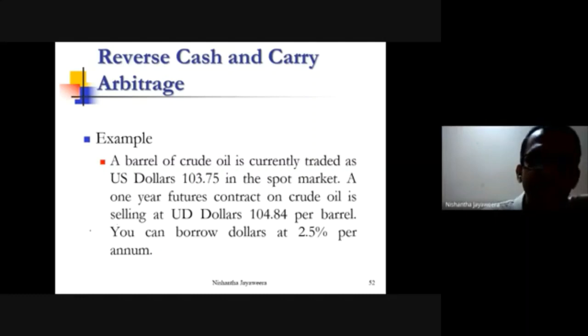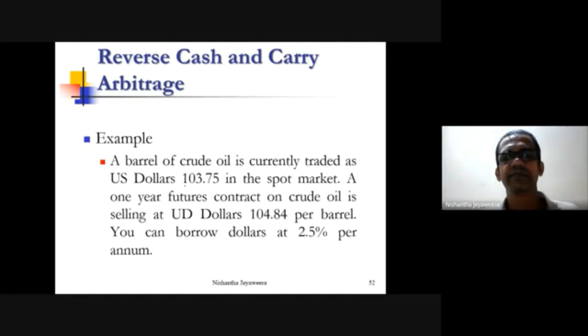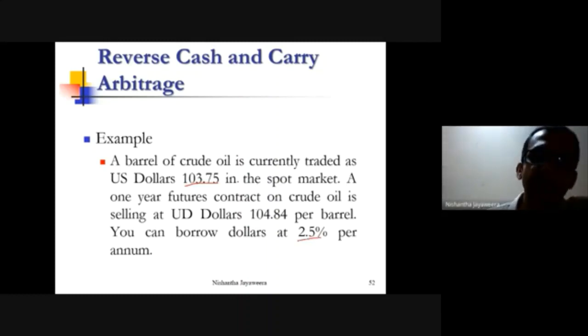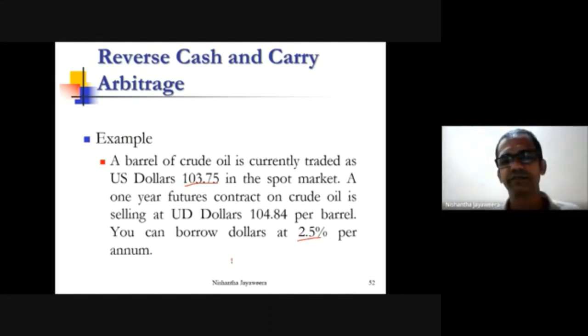So in this example, these two remain the same as the previous one. Spot price is 103.75. Borrowing cost is 2.5. Then we know what the futures price should be: 106.34, as we calculated earlier.